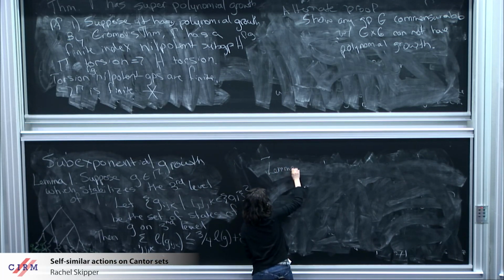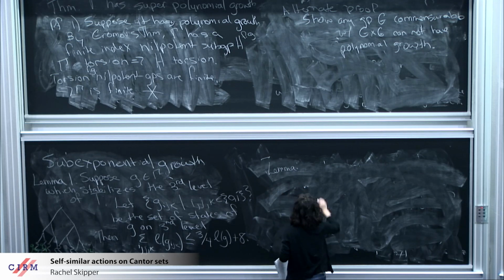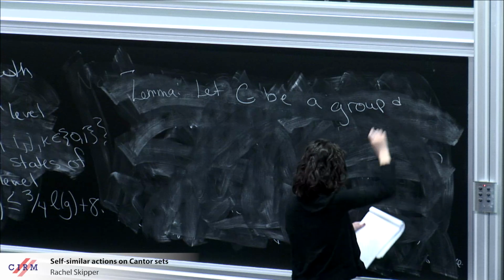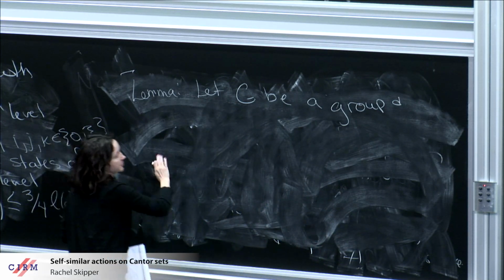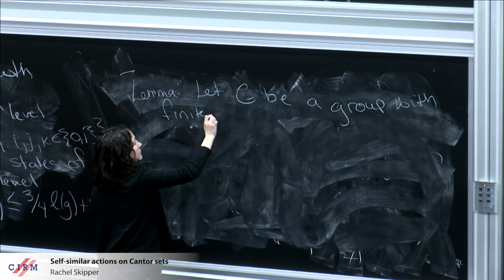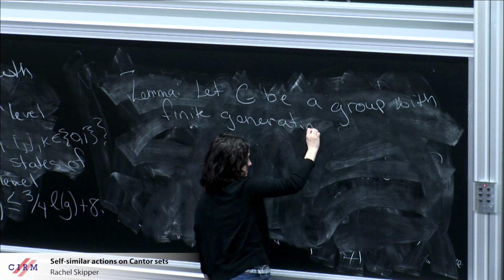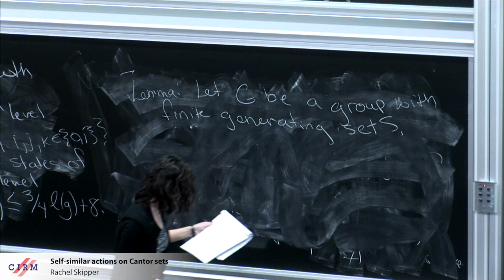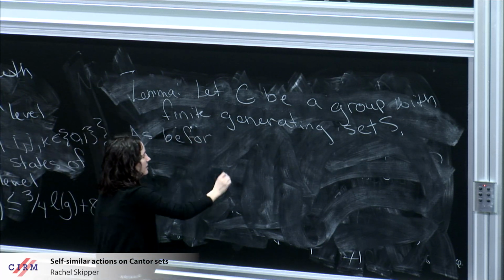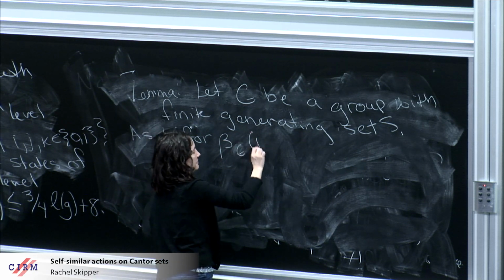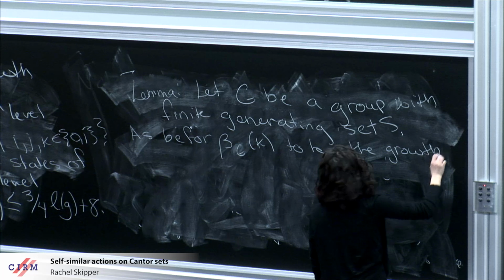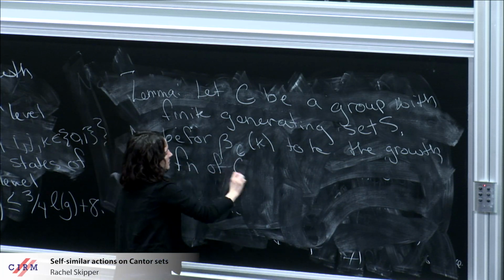So, lemma: let G be a group with finite generating set S, and as before, we'll take β_G(k) to be the growth function of G with respect to S.